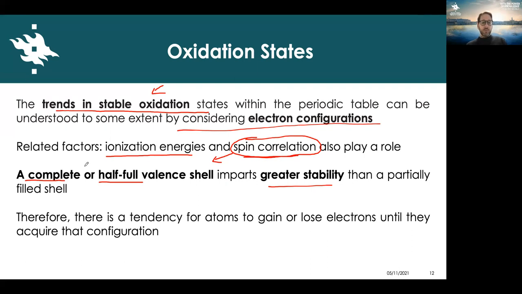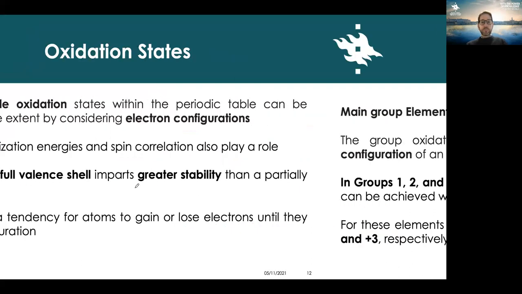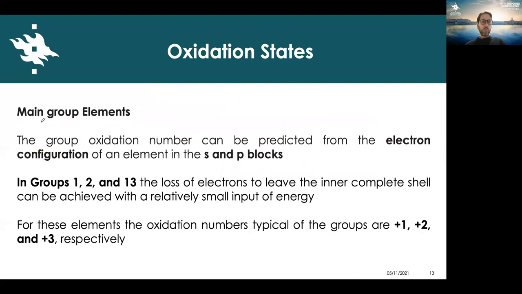Therefore, the atoms will have a tendency to gain or lose electrons until they acquire that configuration, a complete or half full valence shell. For example, when we talk about the main group elements, referring to elements in the s and the p blocks, the group oxidation number can be predicted from the electron configuration of the element.